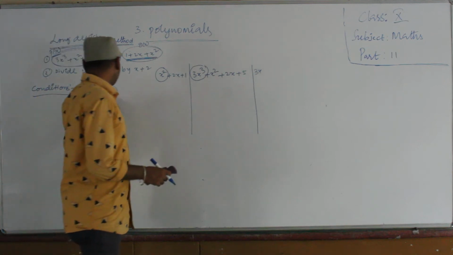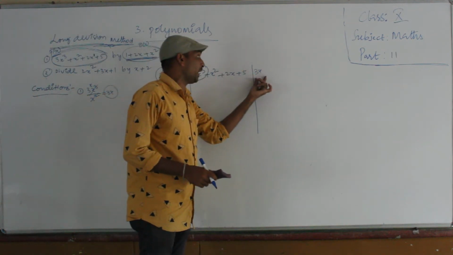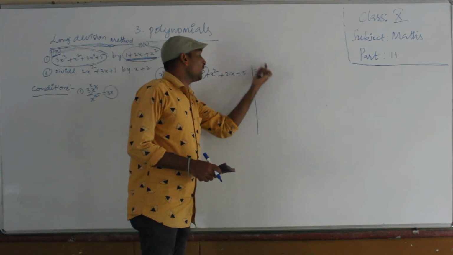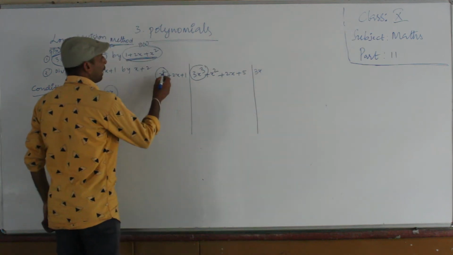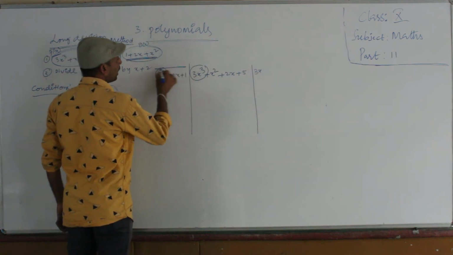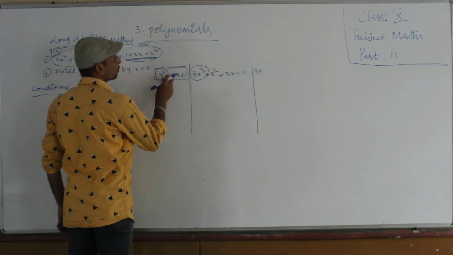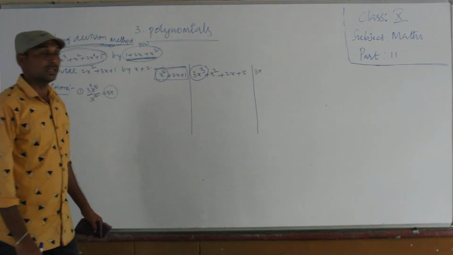After writing this 3x in the quotient, we multiply with this 3x all the terms in the divisor.